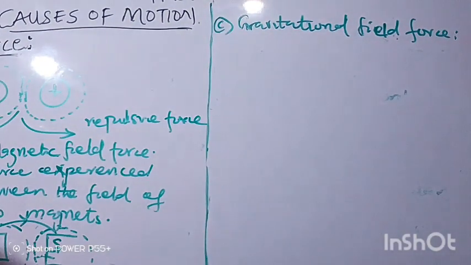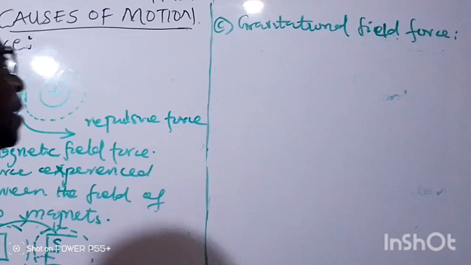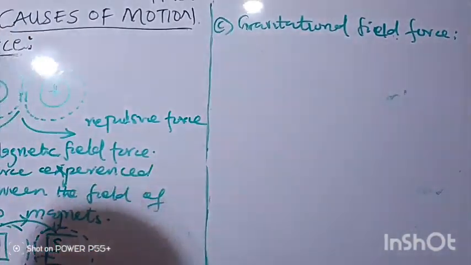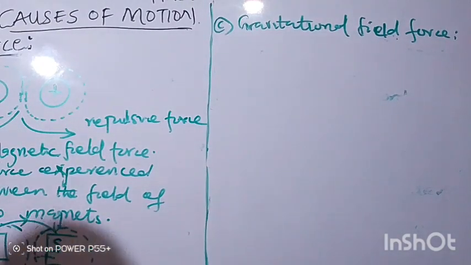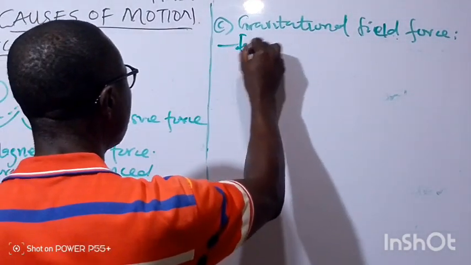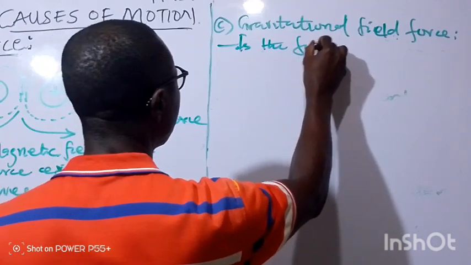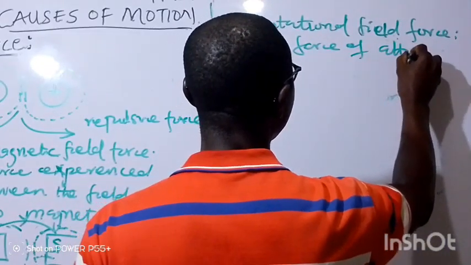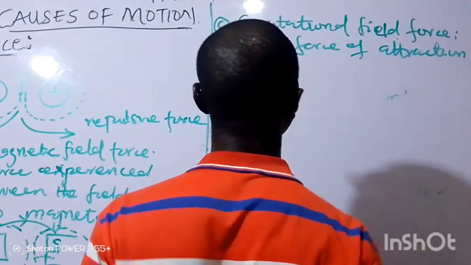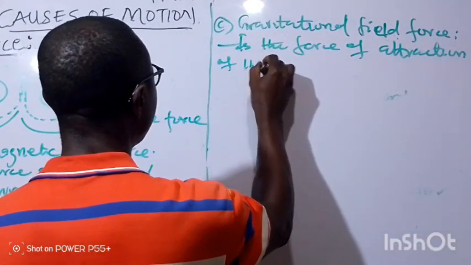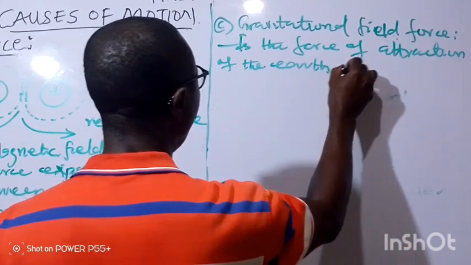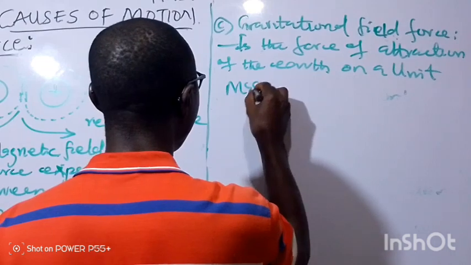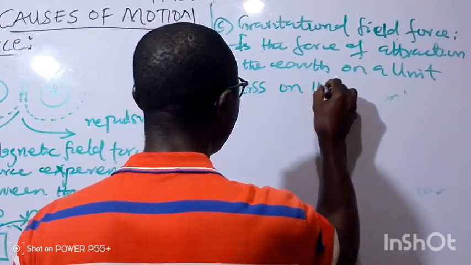The force that the Earth uses to attract the unit mass toward itself is what is meant by gravitational field force. That is the force of attraction of the Earth on a unit mass on the Earth's surface.